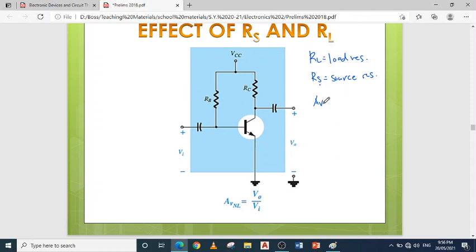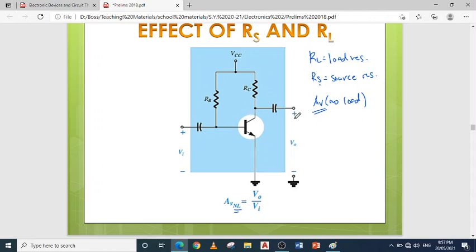So now, what we were solving last time is, di ba, sinosolve natin yung AV, yung voltage gain ng mga bawat configurations. Now, to be specific guys, AV lang kasi yun, di ba? Ngayon, what we are actually solving is the AV or the voltage gain in no load condition. So, maglagay na lang tayo ng subscript. So, we have AVNL, which stands for no load. Okay, so bali ganito yun, di ba?